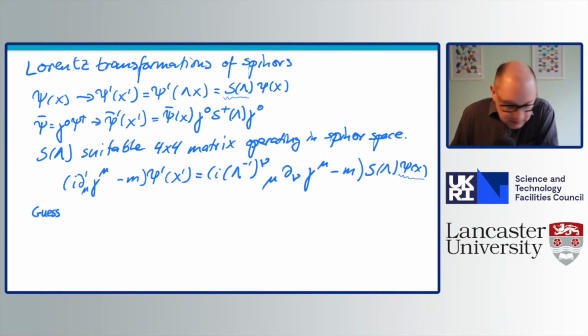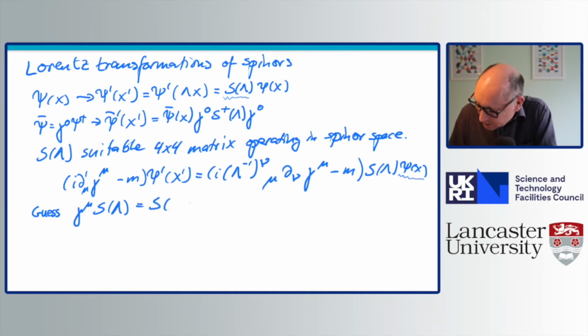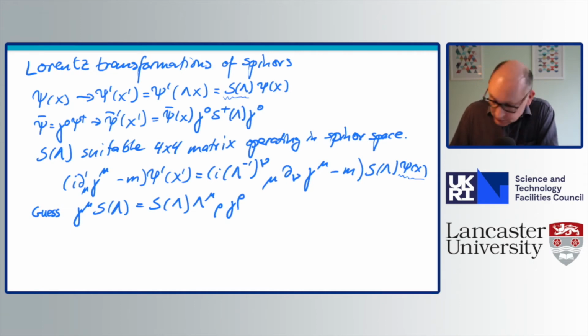So let's guess that we have gamma mu S of lambda, that's what we have now, gamma mu and an S. If that turns out to be equal to, we want it on the left, such that we can apply the Dirac equation to psi, S lambda mu rho gamma rho, then and only then will the Dirac equation be Lorentz invariant. Good, so let's see what this gives us.